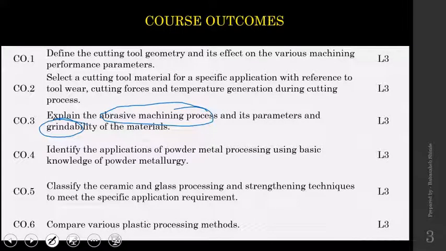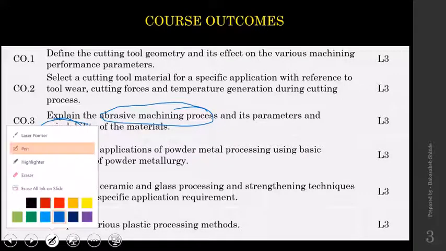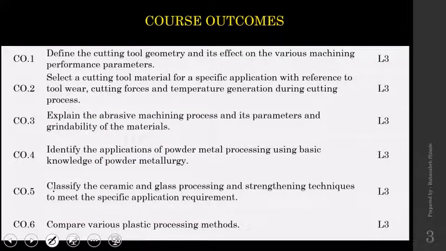Grindability of a material means how easily you can grind that material. That decides the grindability. If you can grind easily, we can say that the material is grindable. If you can't, then it is not grindable. So you can say that once you have studied unit number 1 through this CO3.